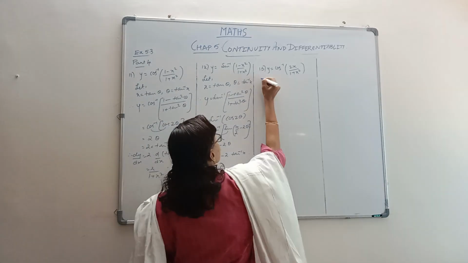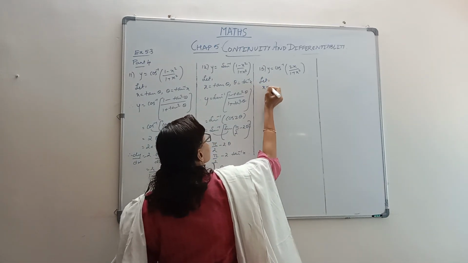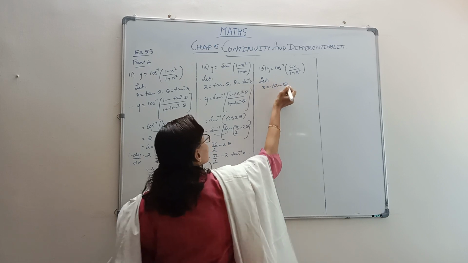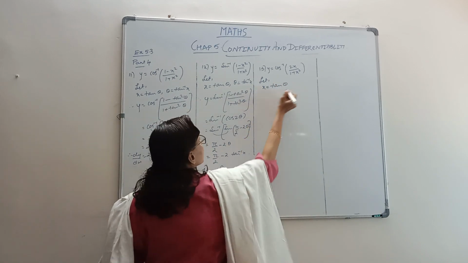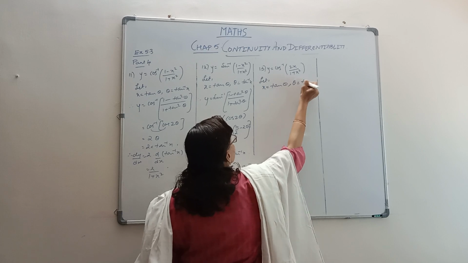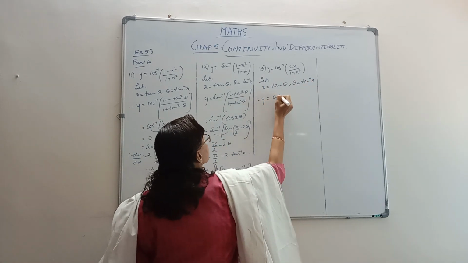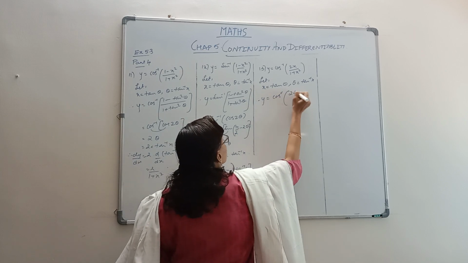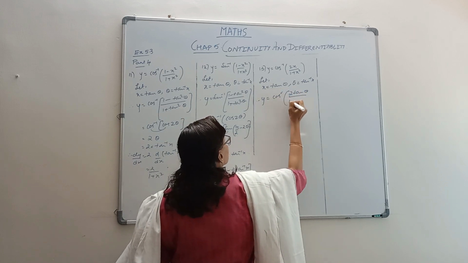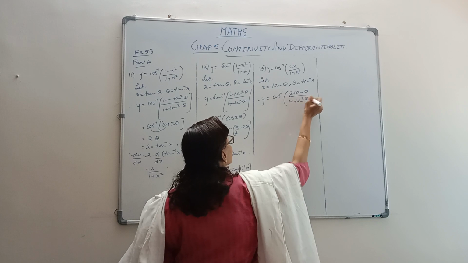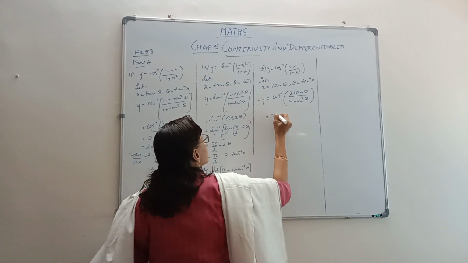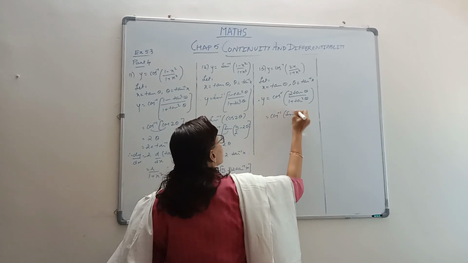So to start with, let's call x as tan theta. Automatically theta is tan inverse of x. What happens to y? y is cos inverse of 2 tan theta by (1 plus tan squared theta). This by formula is sine 2 theta.